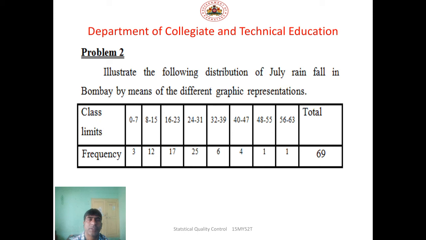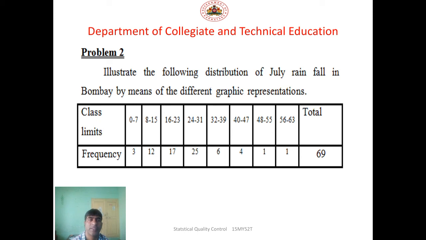The class limits are 0 to 7, 8 to 15, 16 to 23, 24 to 31, 32 to 39, 40 to 47, 48 to 55, 56 to 63. So these are the class limits, or you can call it class intervals. The frequencies are 3, 12, 17, 25, 6, 4, 1, 1.